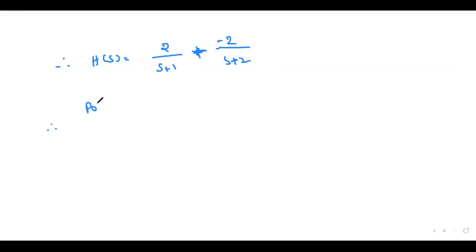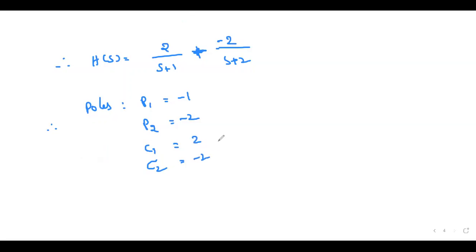From this, we need to write what the poles are. P1 is minus 1, P2 is minus 2. Similarly the coefficients, the numerator values, that means the C1 value and C2 value: 2 and minus 2.